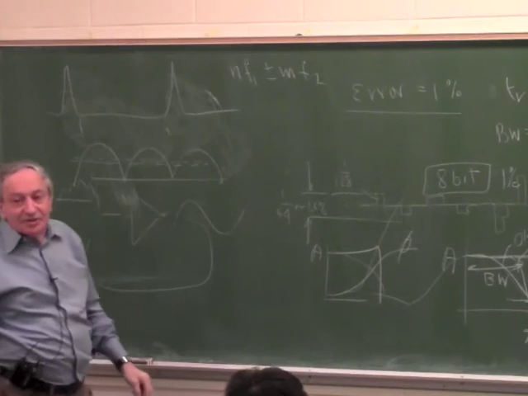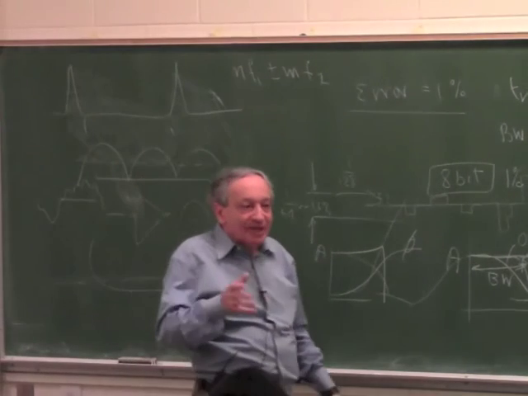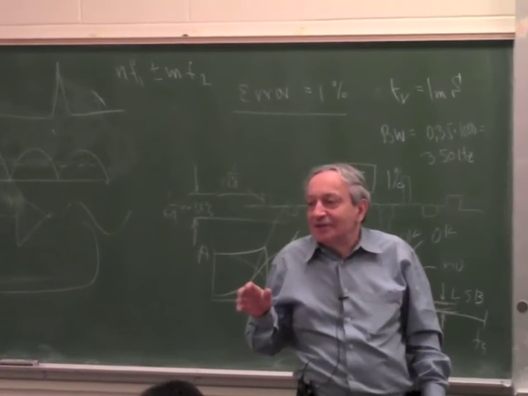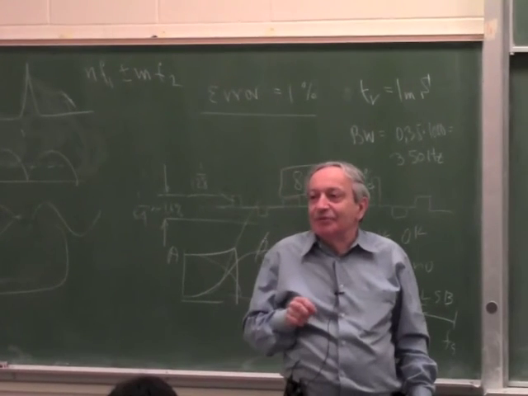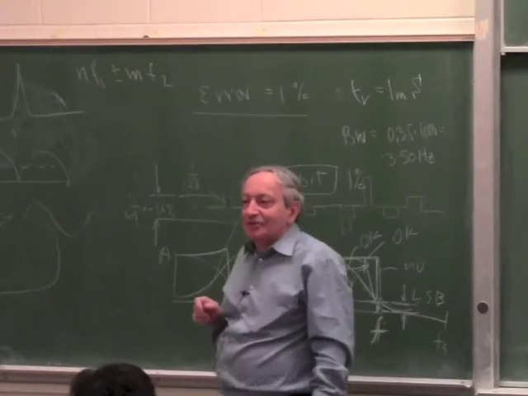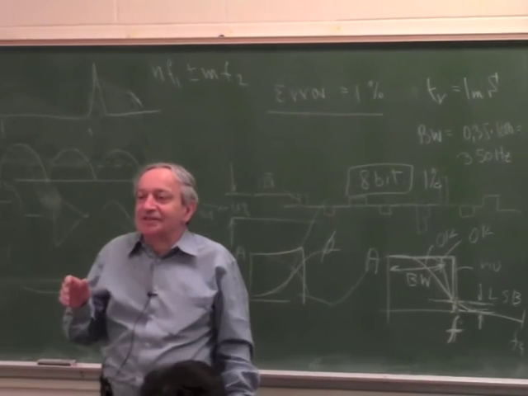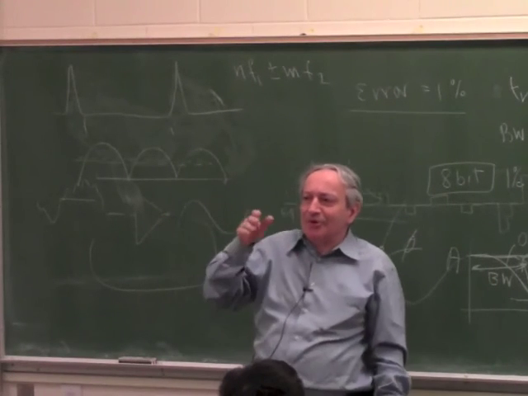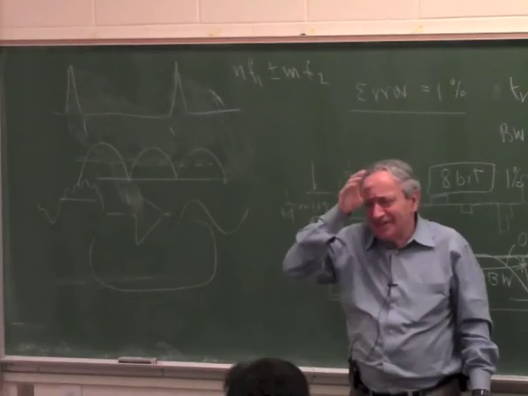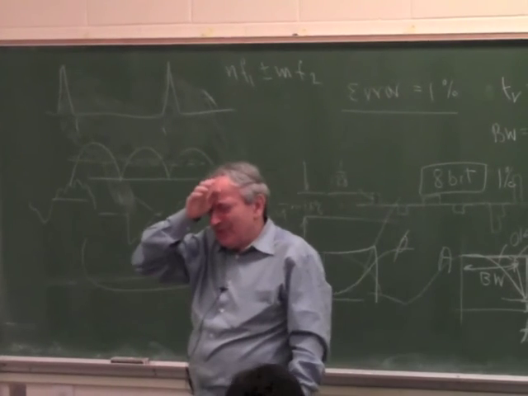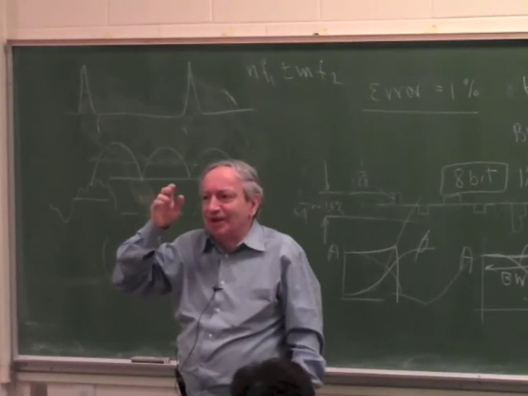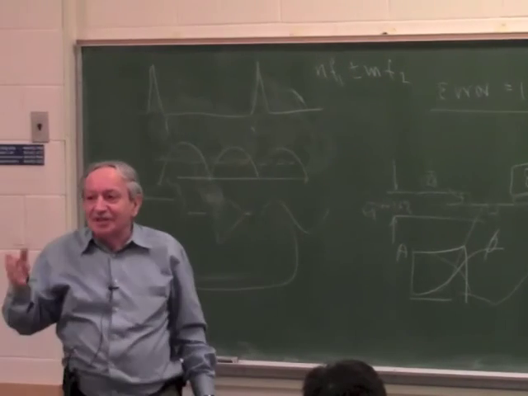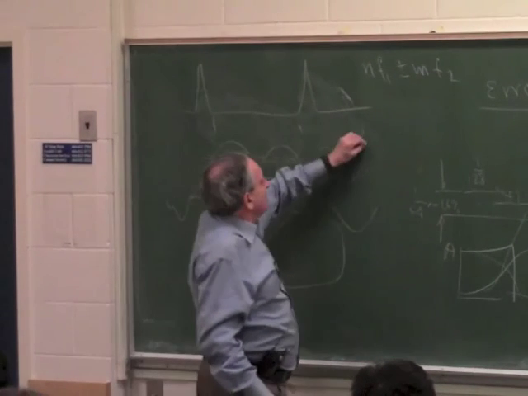So in a sine wave, what's the ratio between RMS and average? 1.11, because the RMS is 1 over root 2, and the average is something like 0.6, something to do with pi, 2 over pi, I think. If you integrate the sine wave and find the average, then the ratio between them is roughly 1.1.